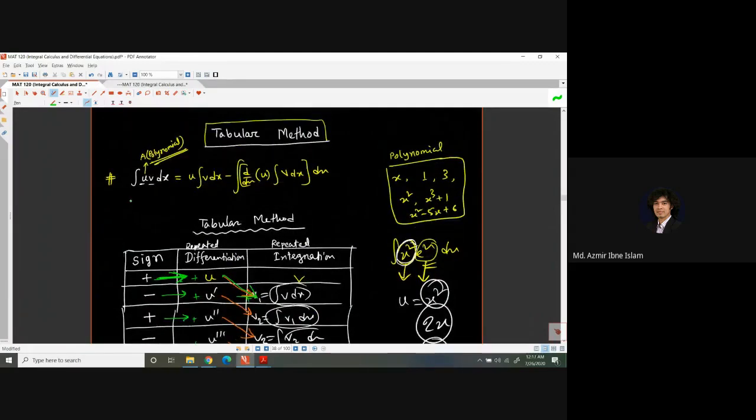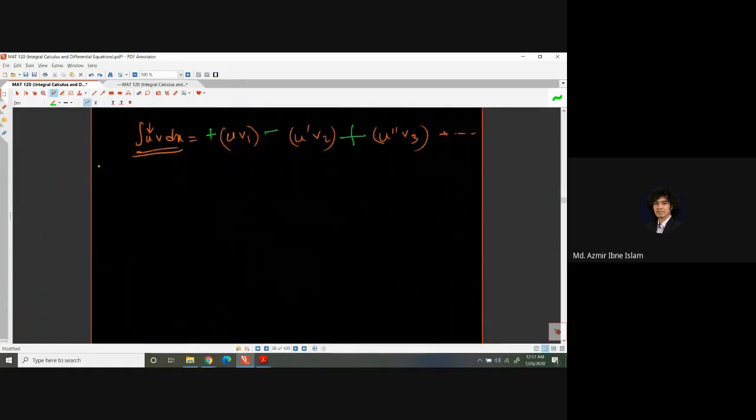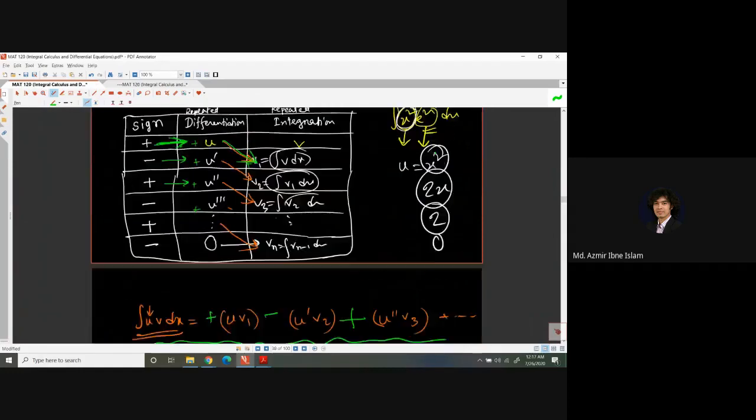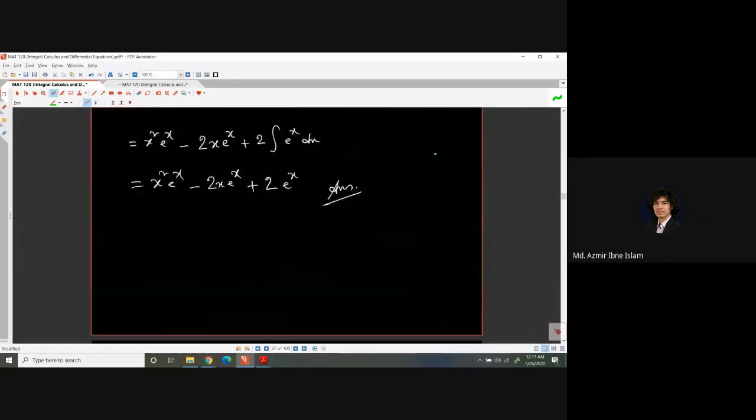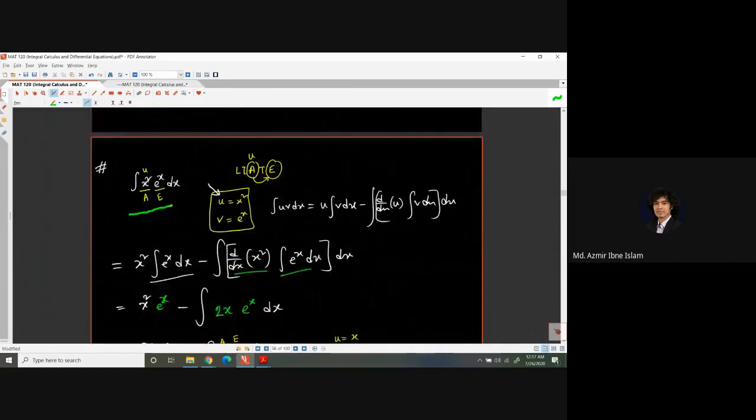Instead, if you can solve the integral by using integration by parts, you are most welcome, but I am trying to explain tabular method besides this. I hope this will help you in some parts of this course. So let's take the same example.